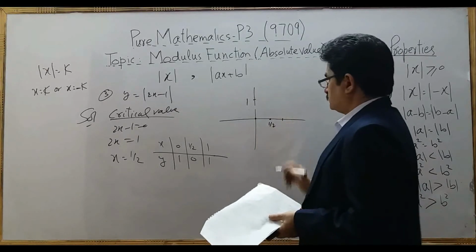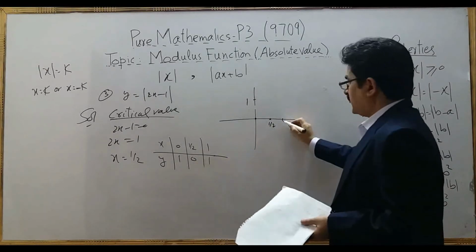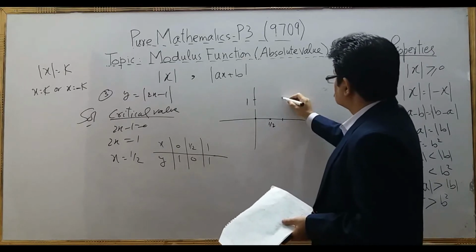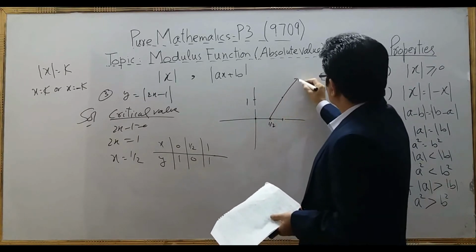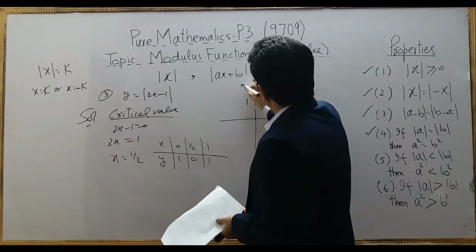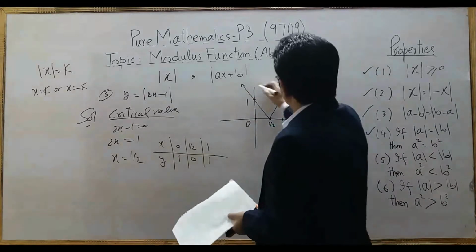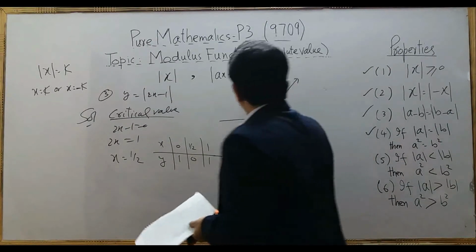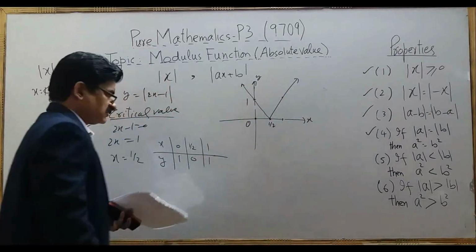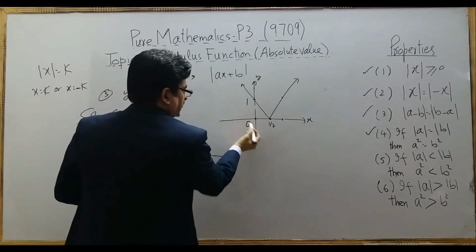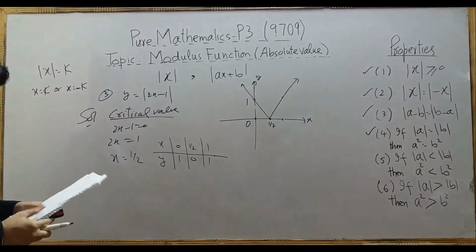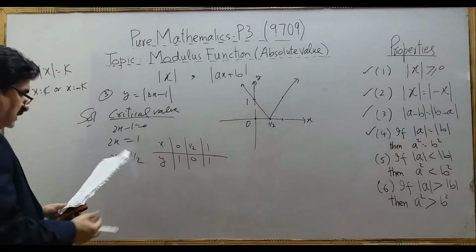This is 1 over 2 where it is 0. Then at 1 it is again 1. Please label the x-axis and y-axis also and show the origin as well. So this is the sketch of this graph.